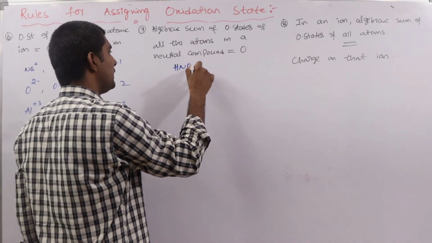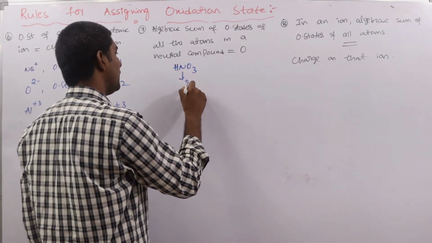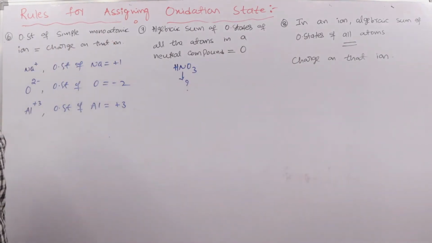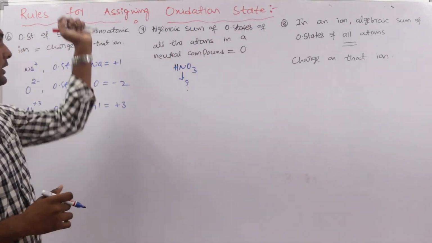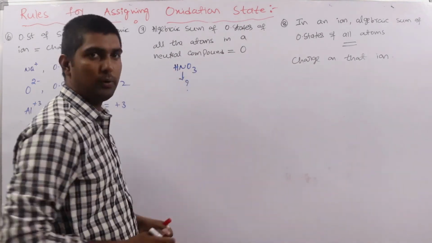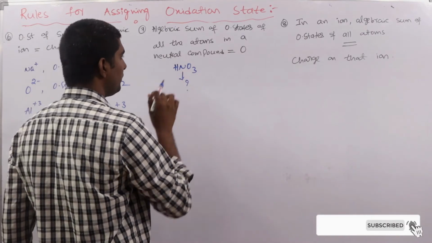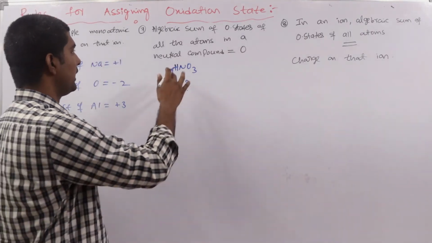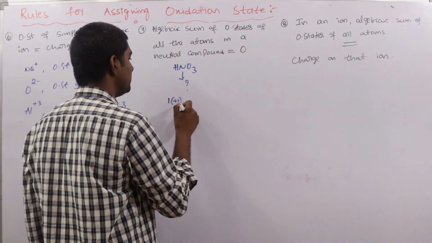Suppose we take the HNO3 molecule. Here we want to calculate the oxidation state of nitrogen. The algebraic sum of oxidation states of all the atoms in a neutral compound is equal to 0. So to calculate the oxidation state of nitrogen, one hydrogen is present, so 1 into +1.